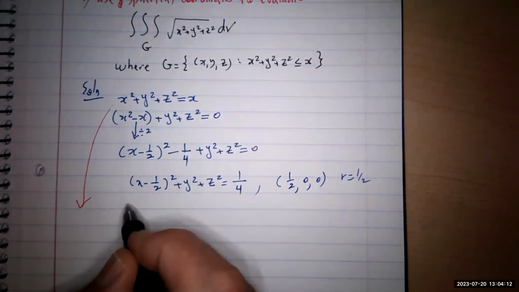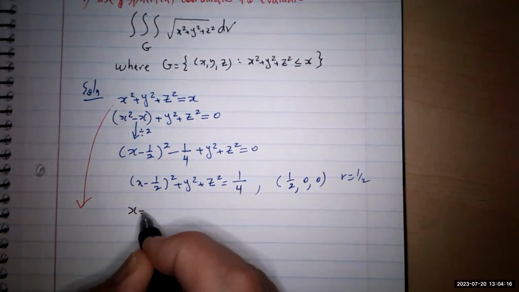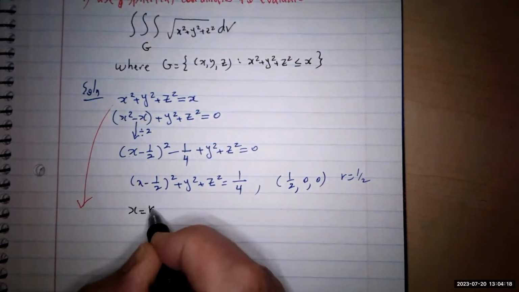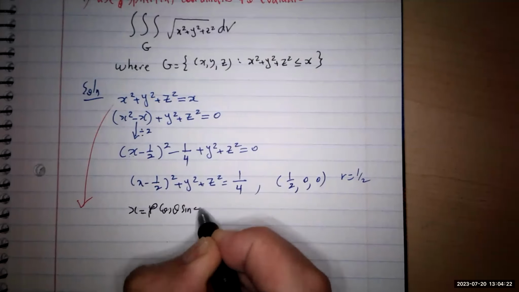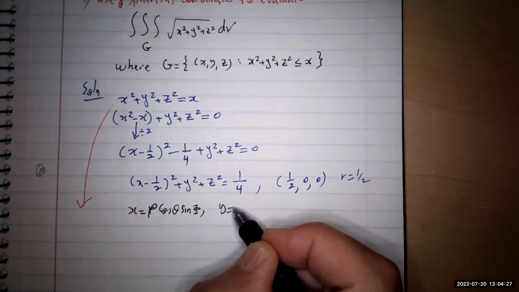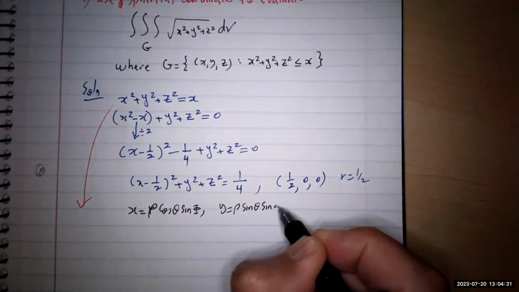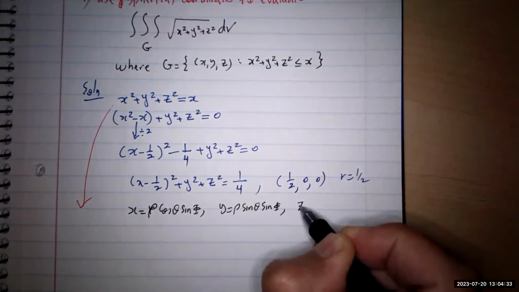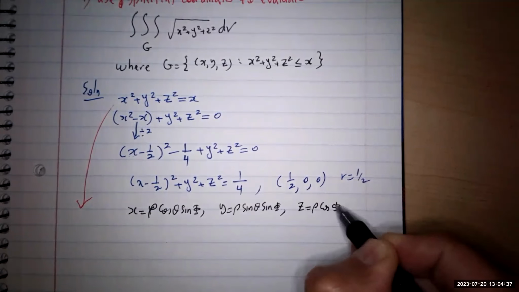I'm going to substitute. Remember, x is rho cosine theta sine phi. Y is rho sine theta sine phi. And z is rho cosine phi.